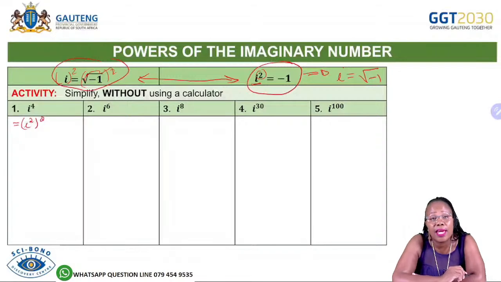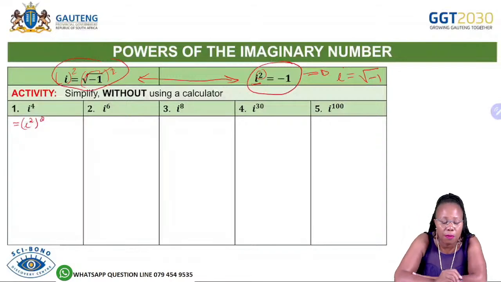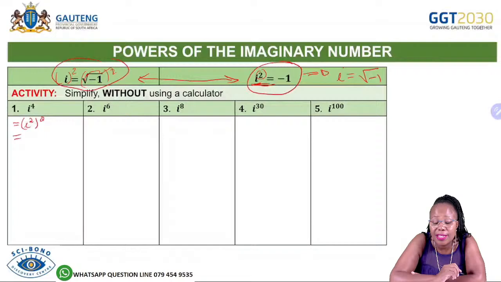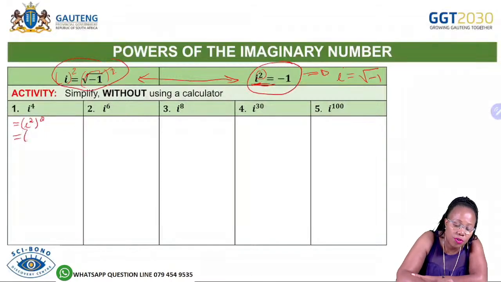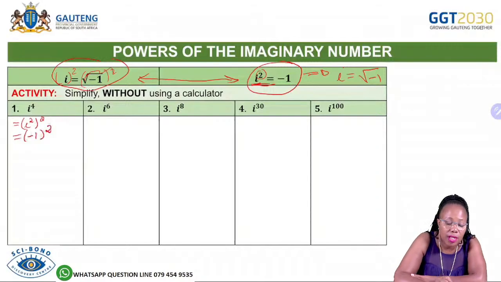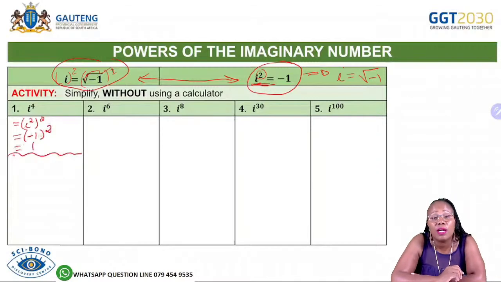It is still i to the power 4. According to the given information, i squared is equal to a minus 1. So we are going to substitute i squared with a minus 1 there, but remember you have an exponent 2 there. So an exponent 2 means negative 1 times a negative 1, which is a positive 1. So we end up with a positive solution there. That is our first solution.